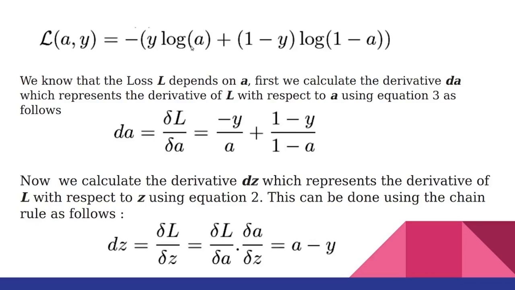So I encourage you to work this out yourself and take the partial derivative of the cost function with respect to A, and you will notice that this is the exact value you get, dA.